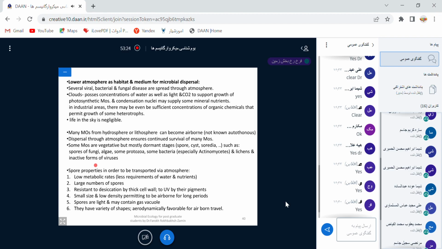Important types of microbes that can easily be transported by air are bacterial and fungal spores.